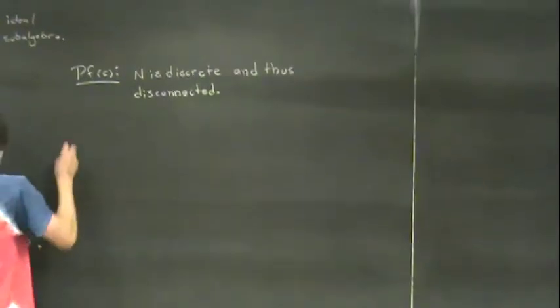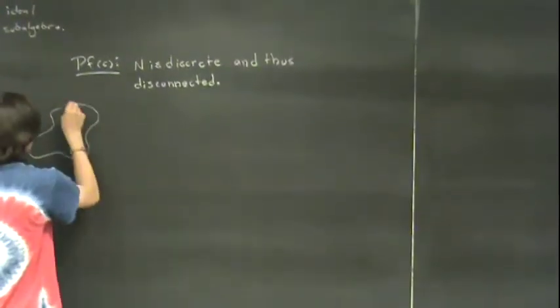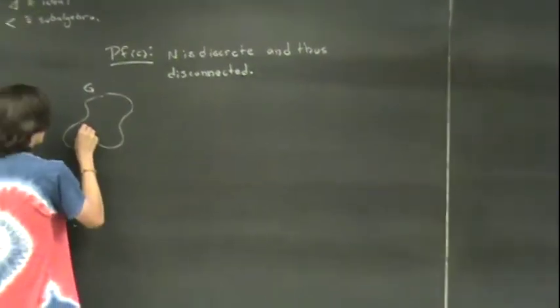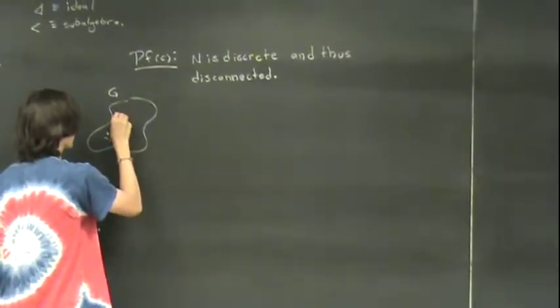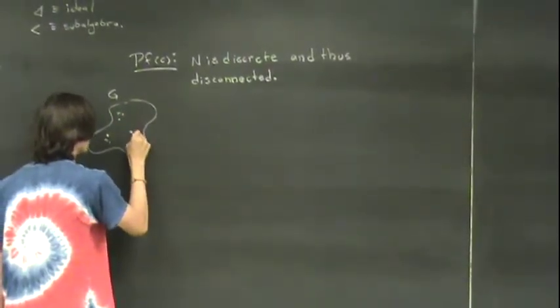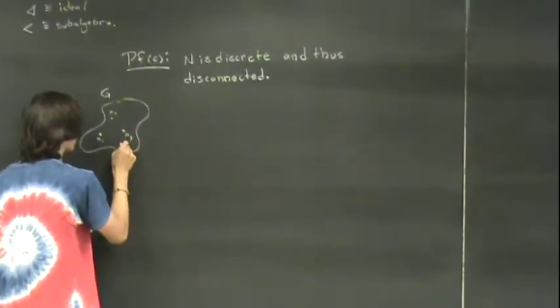So basically, in the picture that we have this Lie group, and we have elements N1, N2, N3, and so on and so forth.